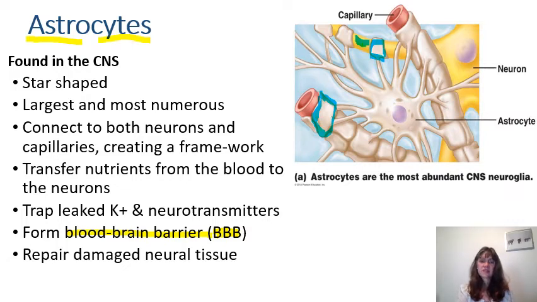The astrocytes also act to soak up or trap any excess ions or neurotransmitters, so the neurons don't fire inappropriately. They can also help repair damaged neural tissue. And even though it's not listed here, a lot of text resources state that astrocytes play a role in helping nerve impulse conduction.